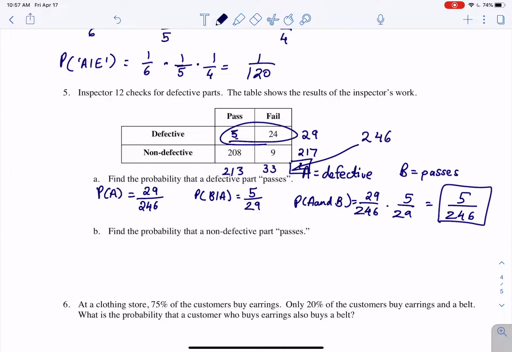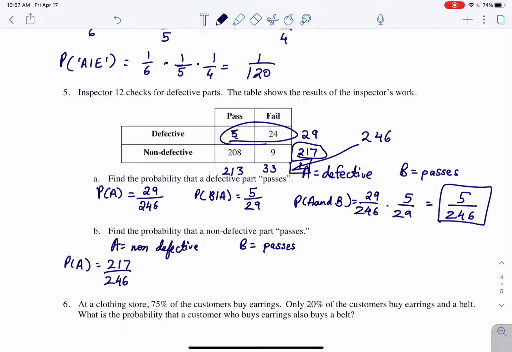Now we want to know, what's the probability that a not defective part passes? So now A is that it's non-defective, and B is that it passes. So the probability of A, if it's not defective, we have 217 of them out of 246.